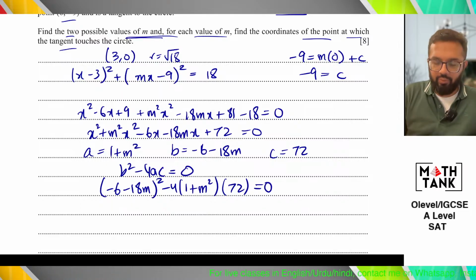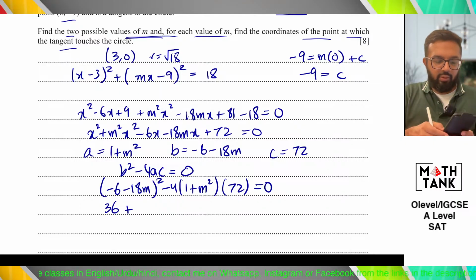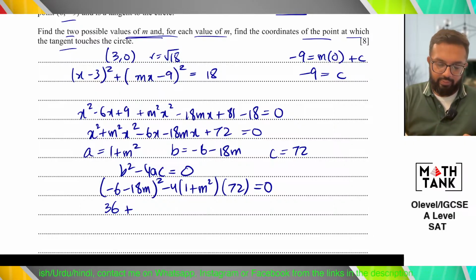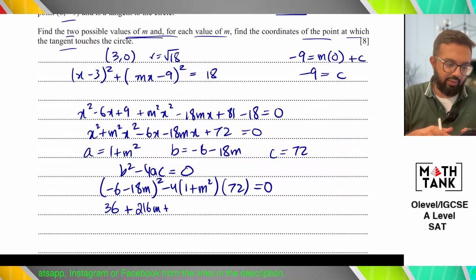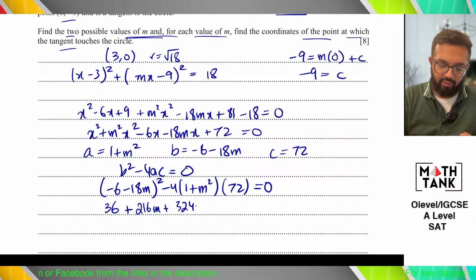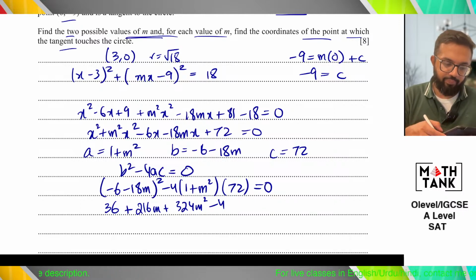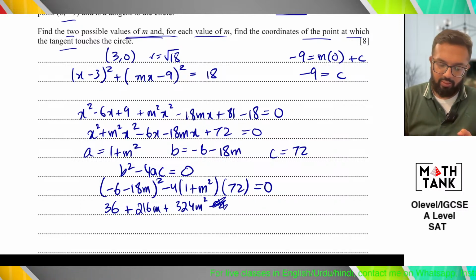Okay, the two negatives open up with a positive, so 36 plus 2 into 18 into 6 is 216m, plus 18 squared is 324m squared, minus 4 into 72, 288, and it's 288m.